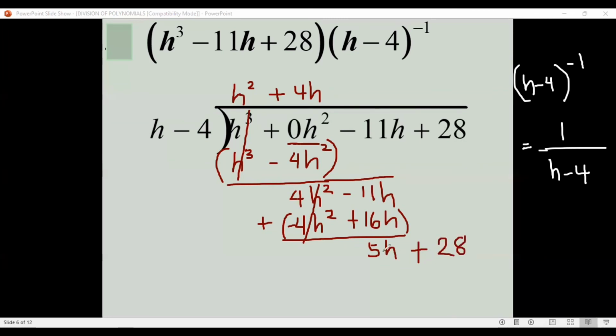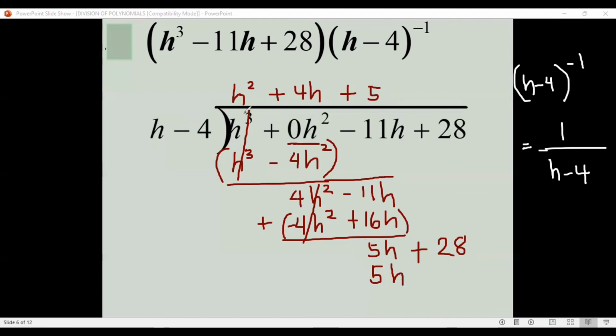Okay, so we have here now your 5h plus 28, and we are dividing it by simply the h. So 5h divided by h is equal to 5. So we have there positive 5. And multiplying 5 with the h, of course, the answer that we will be getting is 5h.